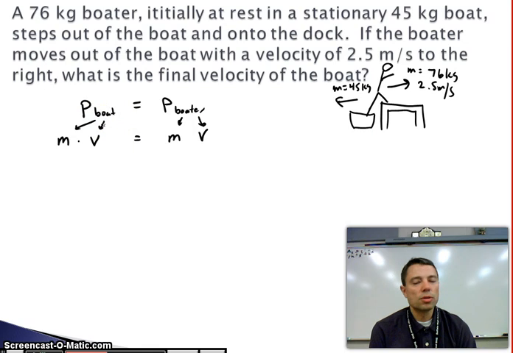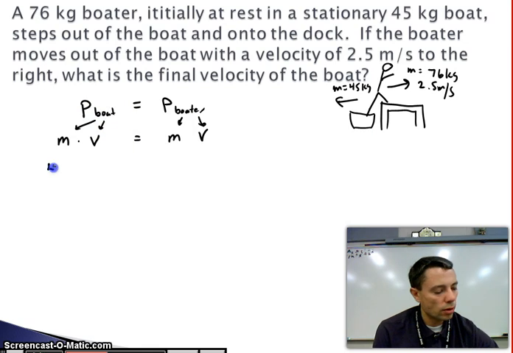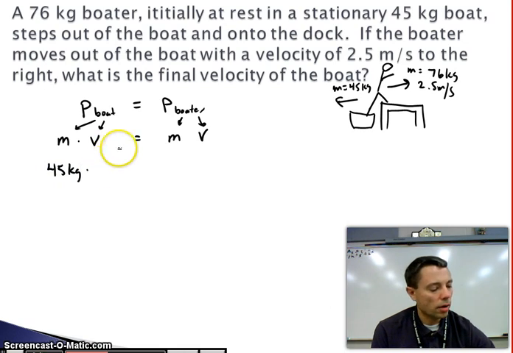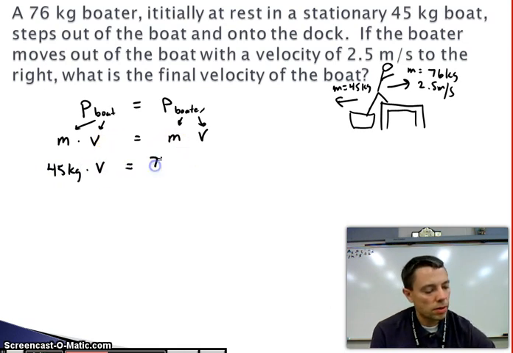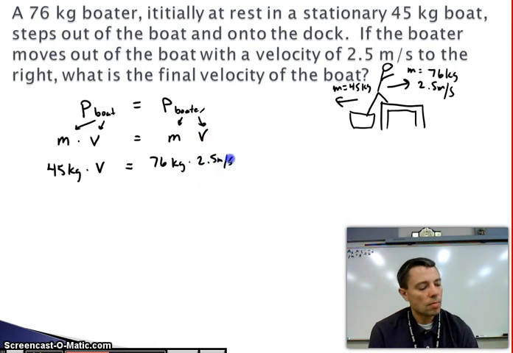So the mass of the boat, 45 kilograms. Velocity of the boat, unknown. Mass of the boater, 76 kilograms. Velocity of the boater, 2.5 meters per second. So now we're just going to solve for V.